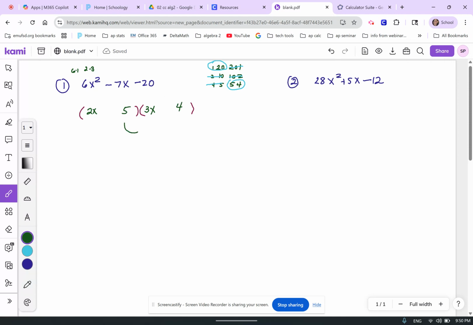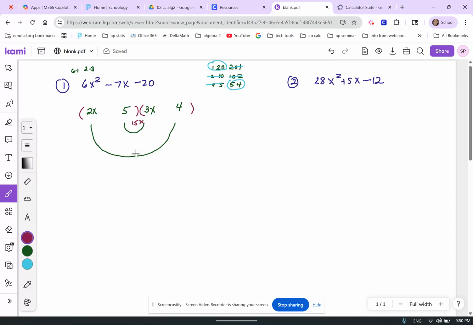Now, how am I going to tell with the signs if this is correct? What you're going to do is find the product of the inner and the product of the outer, and in this case, take the difference because it's negative. So the product of the inner is 15x.